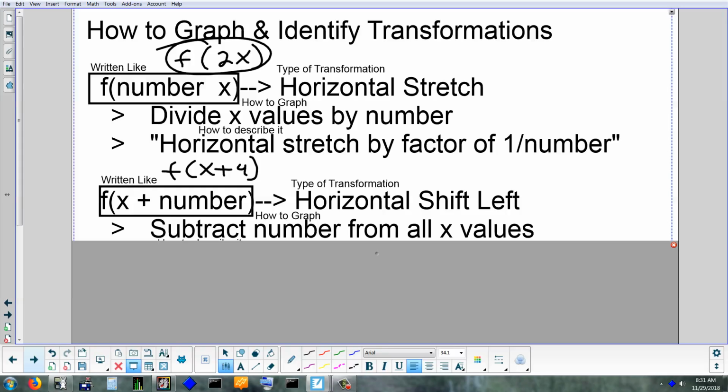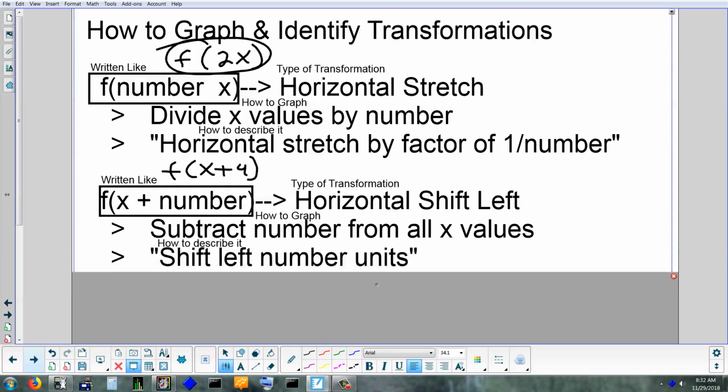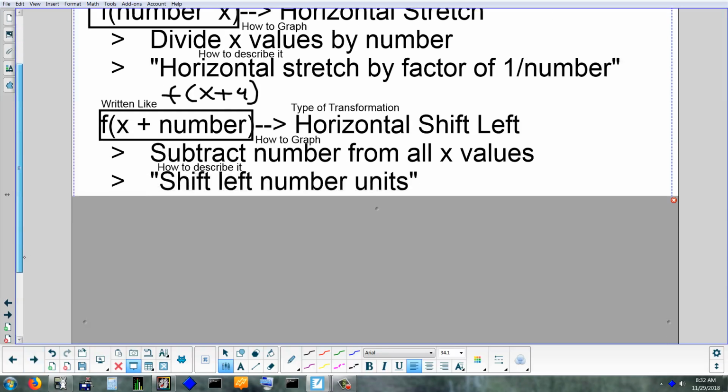But again, you don't really have to remember, as long as you copy this correctly. You just go back, look at it, just follow the directions. And the way you would describe this is you could say shift left or move left 5 units, 6 units, whatever it is.